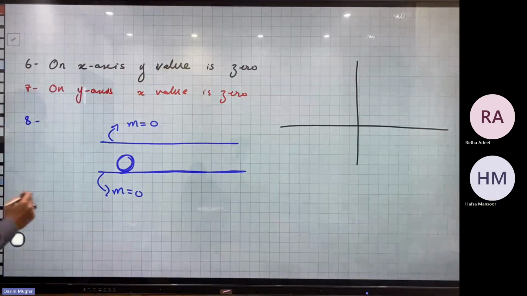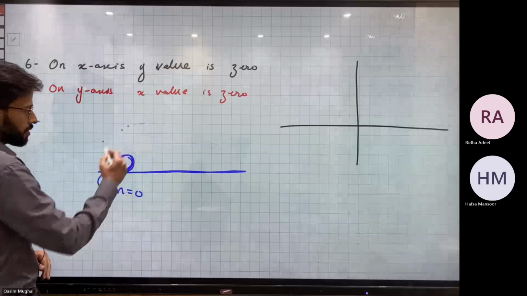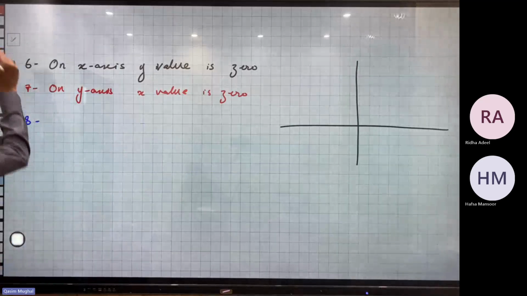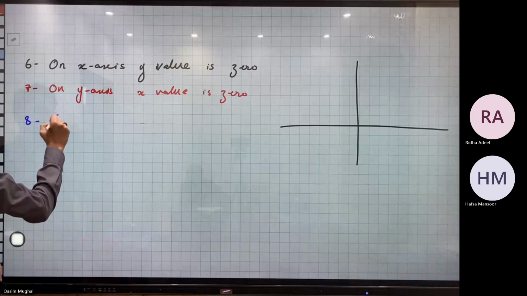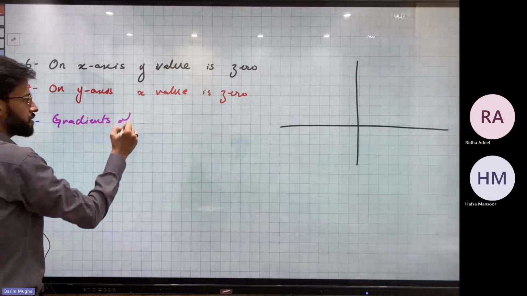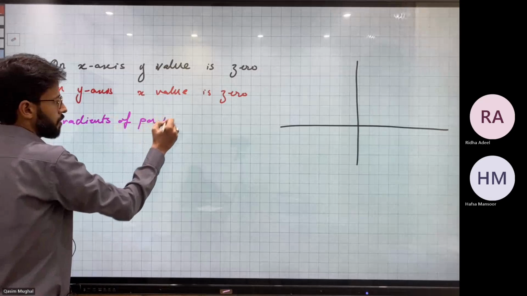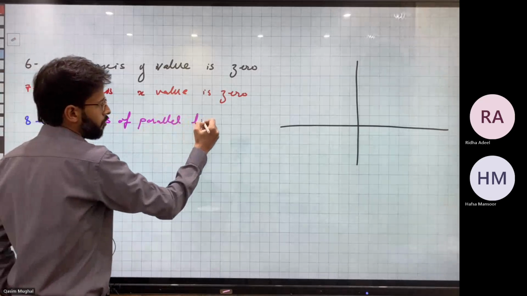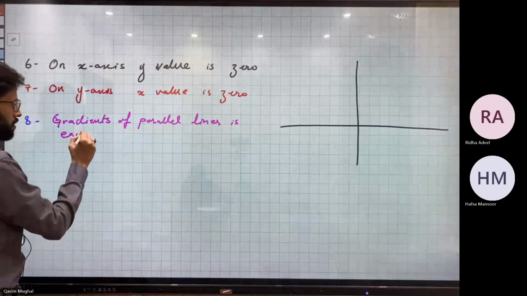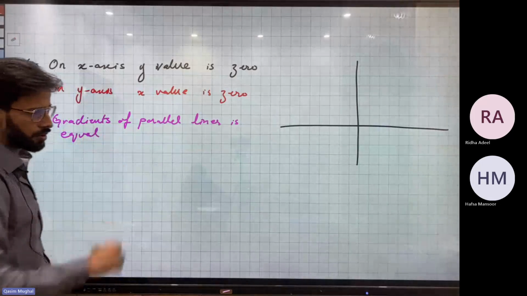They are same. Excellent. So gradients of parallel lines are always equal. I gave you an example with a horizontal line.